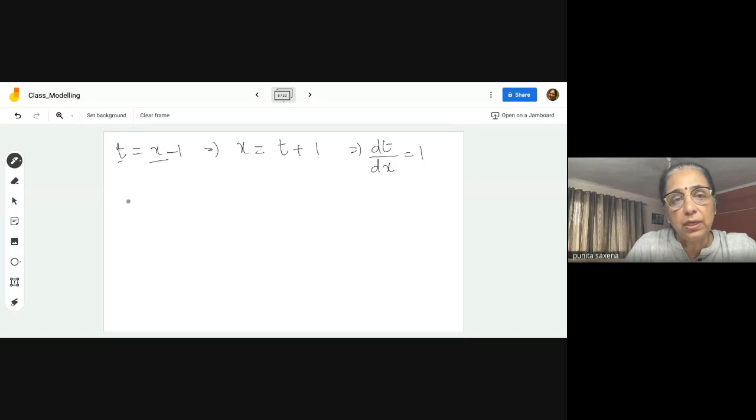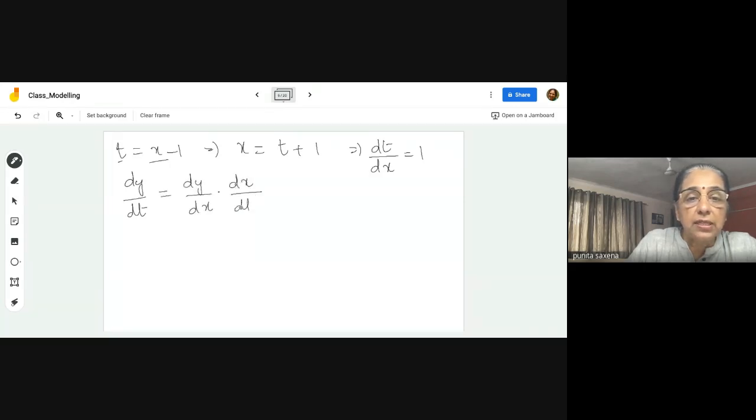Now, to rewrite my differential equation, I must have dy by dt instead of dy by dx. But dy by dt is dy by dx into dx by dt. Whether I use dt by dx is 1 or dx by dt is 1, they mean the same thing.